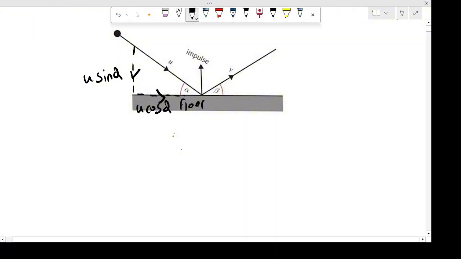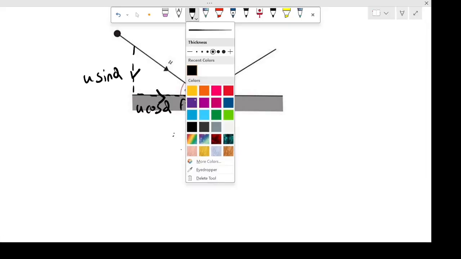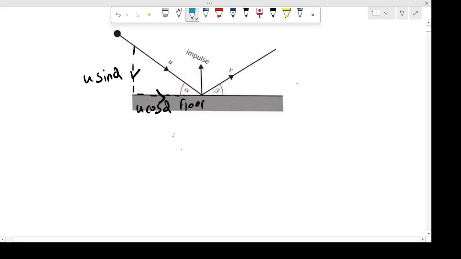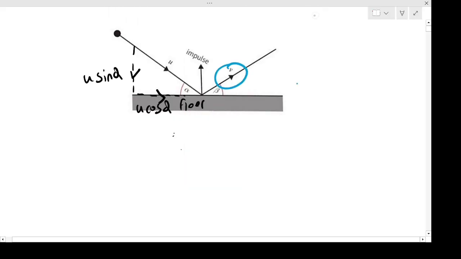We can then do the exact same thing for the speed afterwards. In a different color, it now bounces off the floor with this different speed v going in this direction. Again, I can split up this direction, so I could go straight across and then upwards.